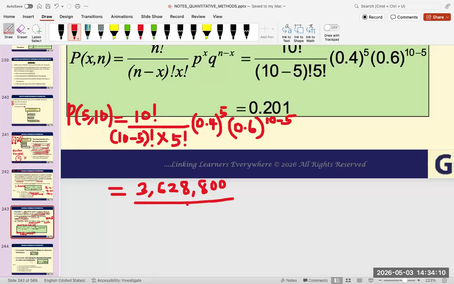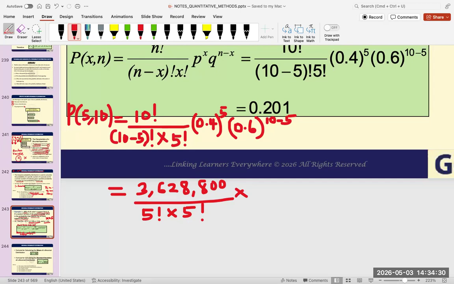Divided by, so we are going gradual. 5 factorial times 5 factorial. Do this one too for me, 0.4 raised to the power 5.